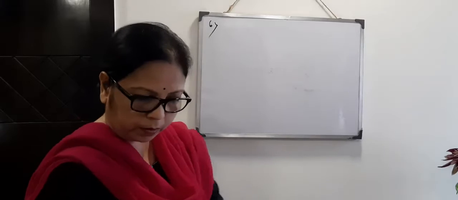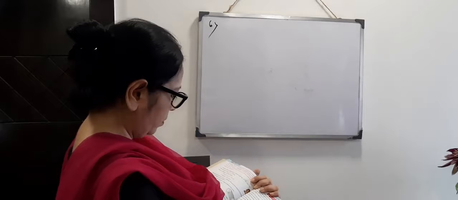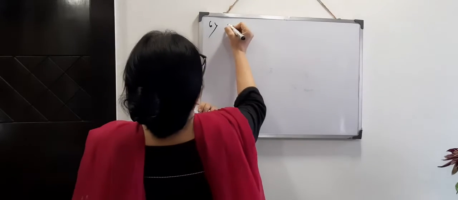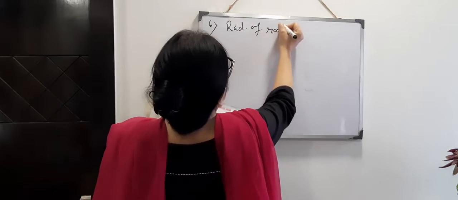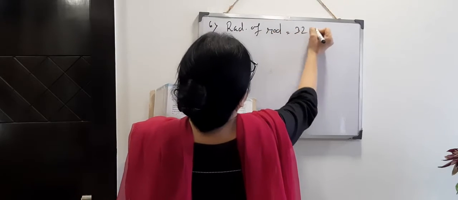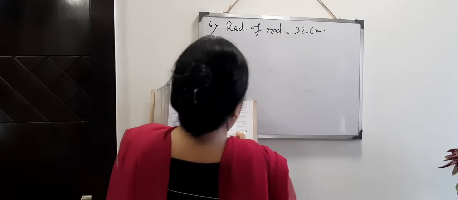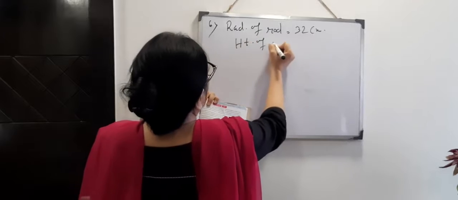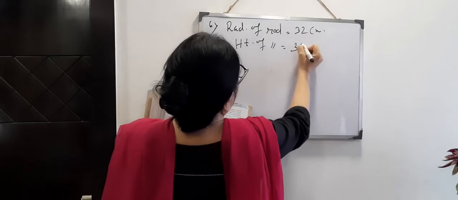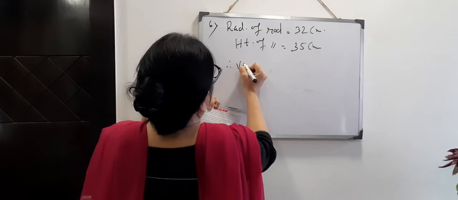Volume, okay. Here radius given. Radius of rod 32 centimeter and length or height 35 centimeter. So what will be the formula of volume?